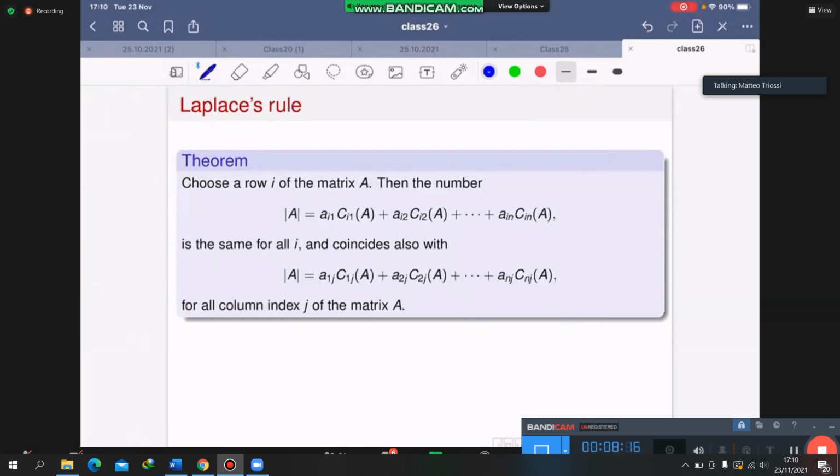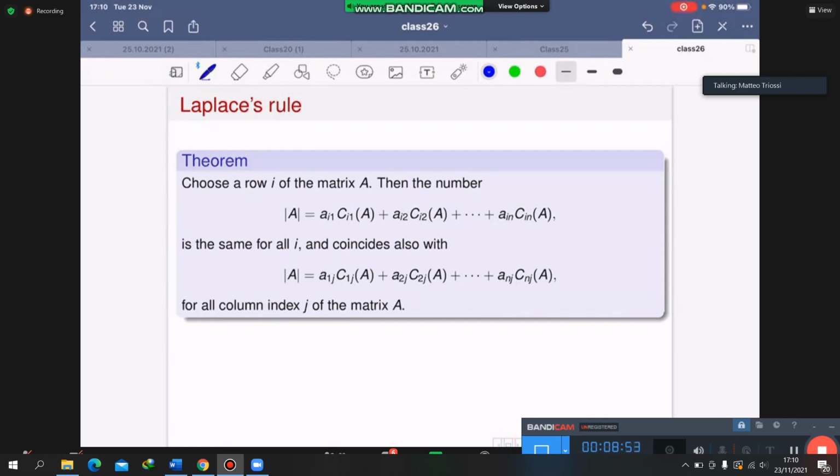So the Laplace rule provides a formula to determine the determinant of a matrix depending on its cofactors. In which way? Developing the determinant either by a row or by a column.